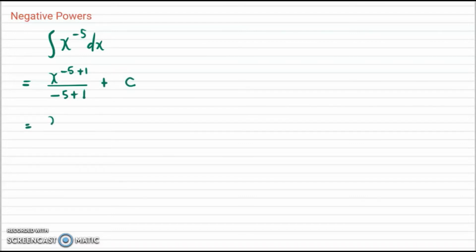And it will give us x raised to negative 4 over negative 4 plus c. And since we don't want negative powers in the answer, we have to fix that. So it will be negative 1 over 4x raised to a positive 4. And then the plus c, of course.